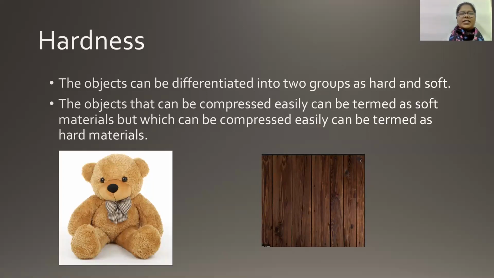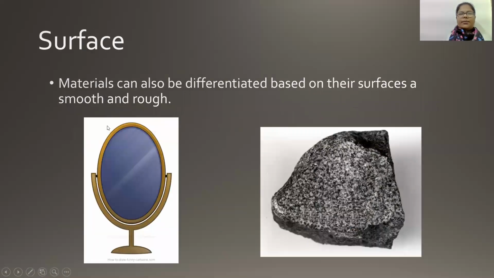When it shrinks in size, that means it is soft in nature. On the other hand, when you try to compress your pencil or your pen, it will not shrink easily. It will break off. When they cannot be compressed easily, they are termed as hard materials. So materials are of two types, hard and soft.